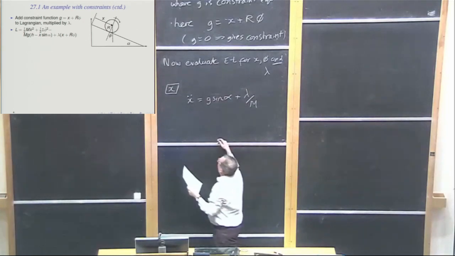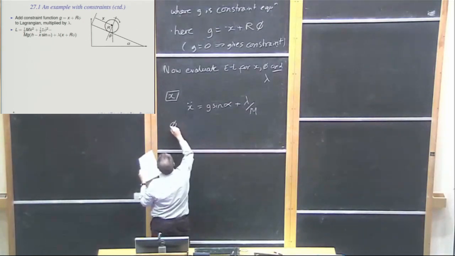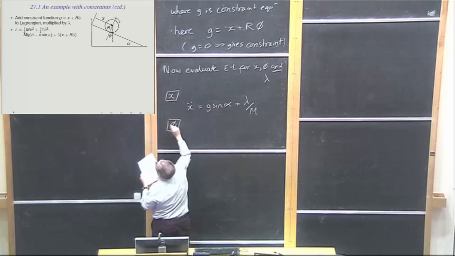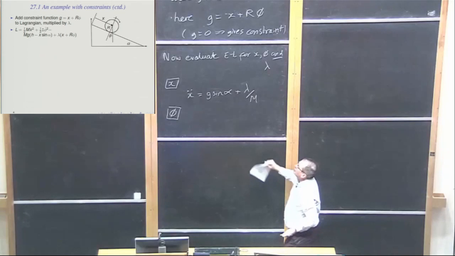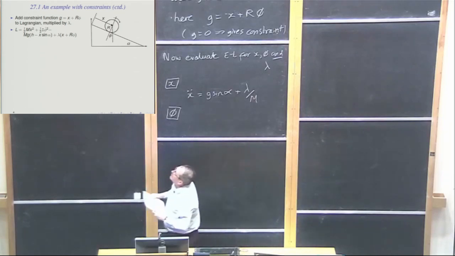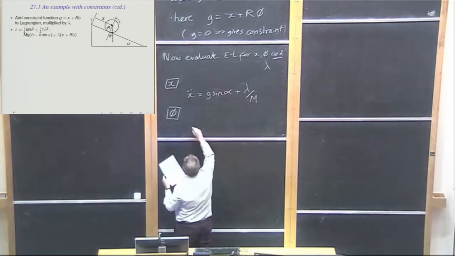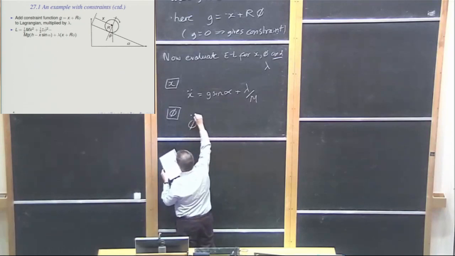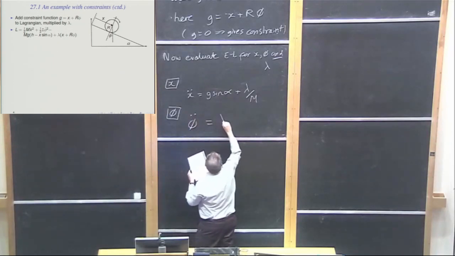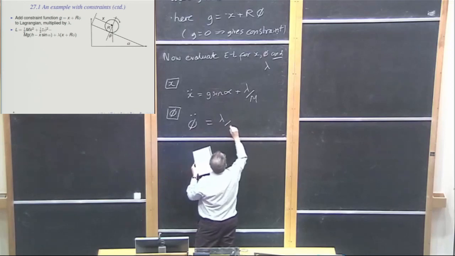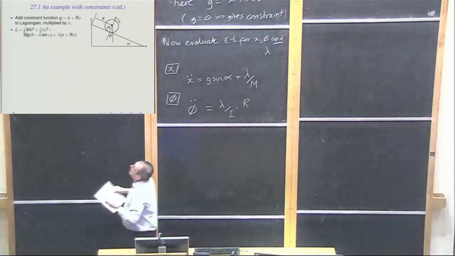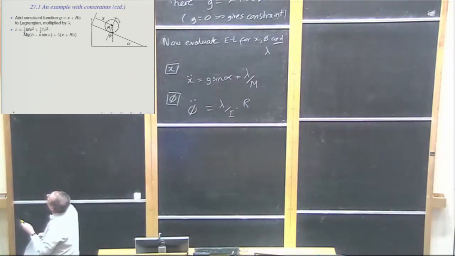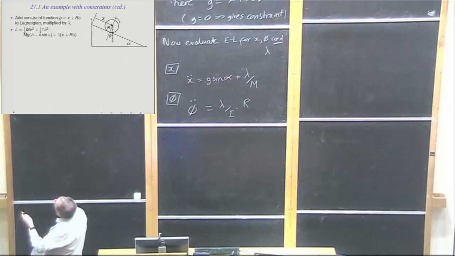What about phi? So previously that gave us this very trivial expression that phi double dot equals 0. What do we get now? We get phi double dot is equal to lambda over I times r, and that is because again we have this additional term which is lambda r phi.